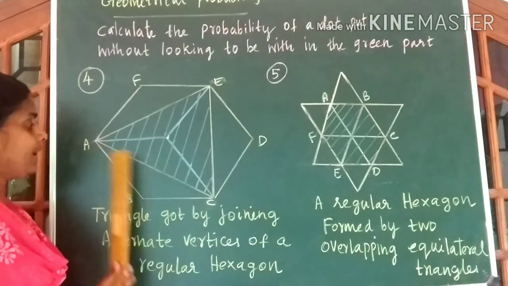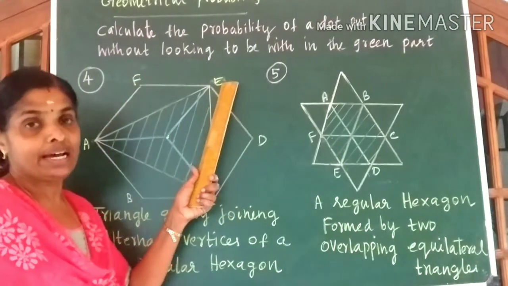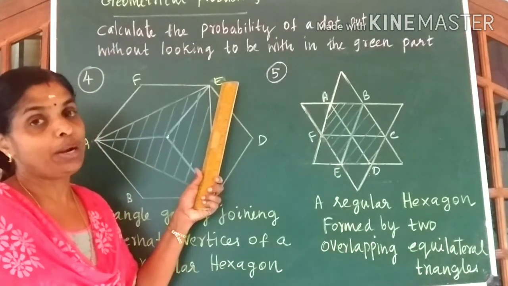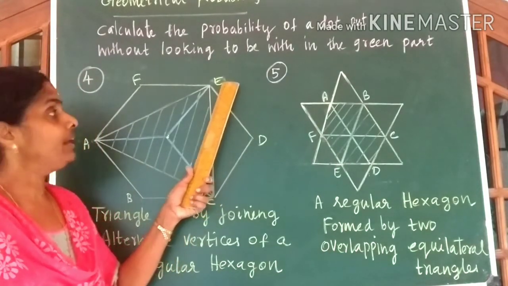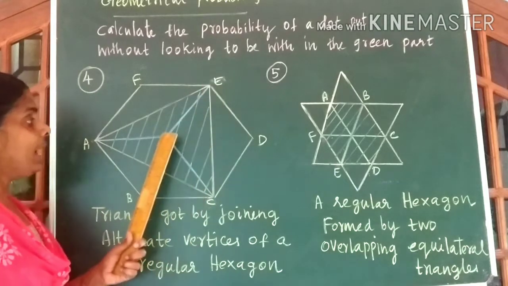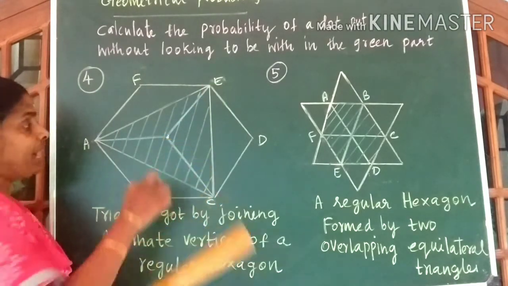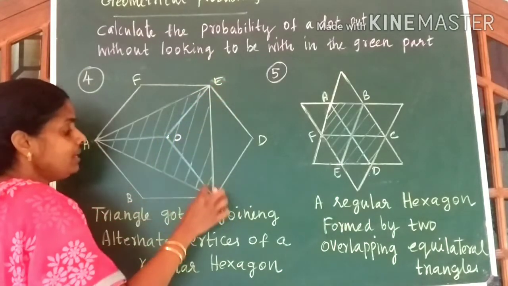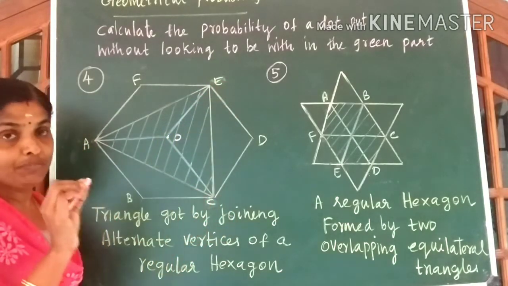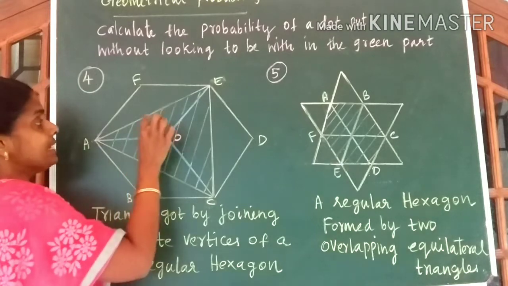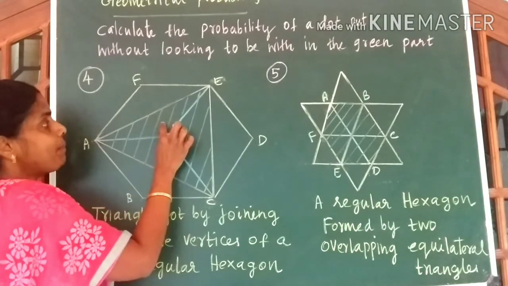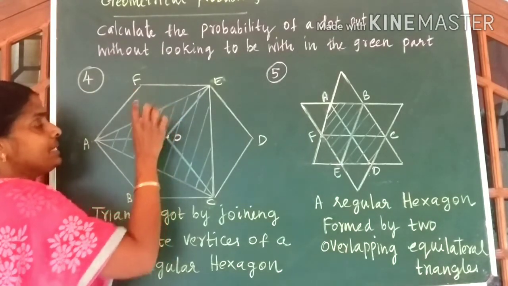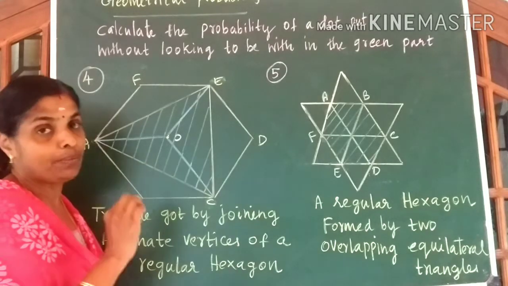And ACE is the equilateral triangle got by joining alternate vertices of the regular hexagon. Now what I did was, I took the center point and joined it to A, E and C. Now from the figure, it is very clear that area of this shaded part and area of this unshaded part are of equal area.